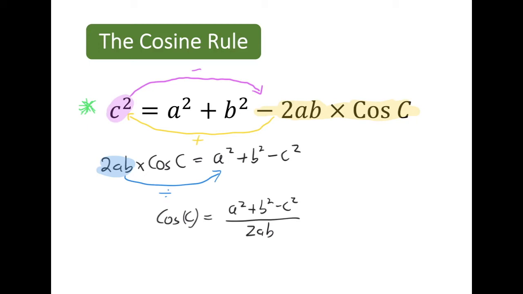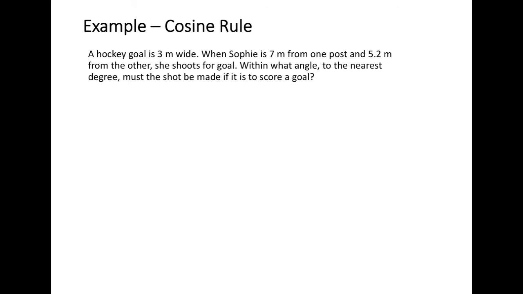So let's have a look at an example of how we can apply the cosine rule to find some missing information in a triangle. In this example, a hockey goal is 3 meters wide when Sophie is 7 meters from one post and 5.2 meters from the other post. She shoots a goal. Within what angle to the nearest degree must the shot be made to correctly score the goal?